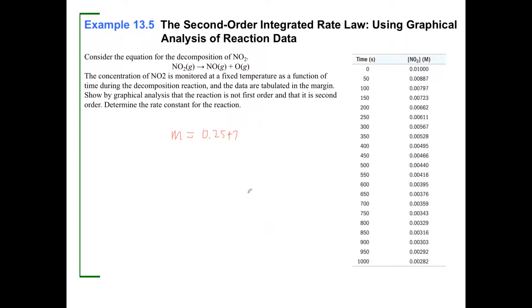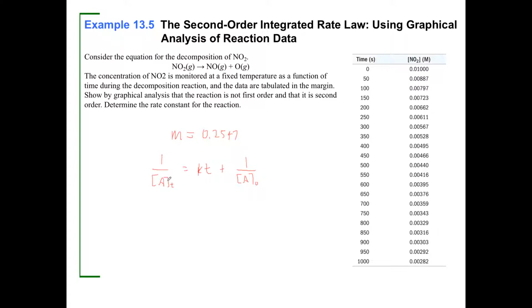And we know that the integrated rate law for a second order reaction is 1 over the concentration of A equals kt plus 1 over the initial concentration of A, and you know this because you're looking at it on your notes, right?